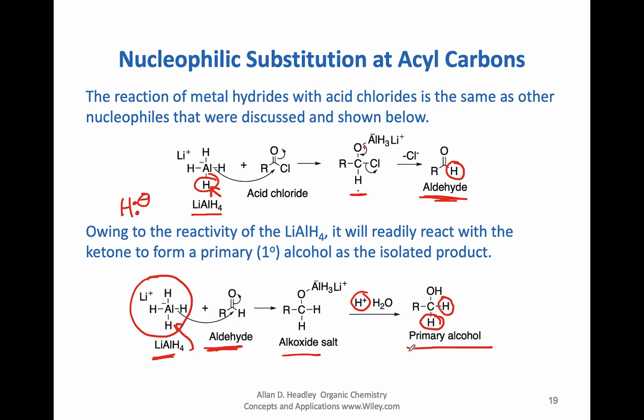So this is a primary alcohol, and this is dictated based on the acid chloride that's used. So you can see here where we're going with this. You can synthesize just about any primary alcohol if you choose the correct acid chloride.